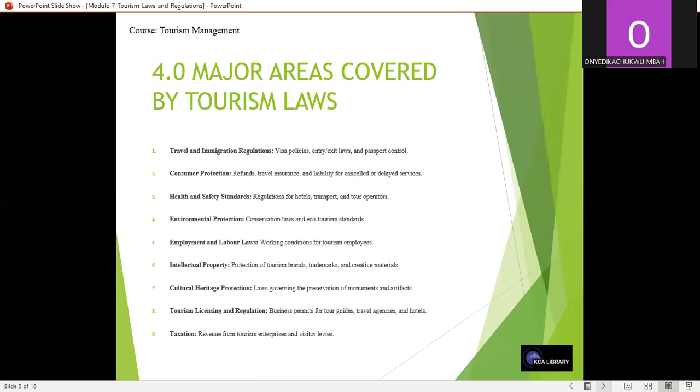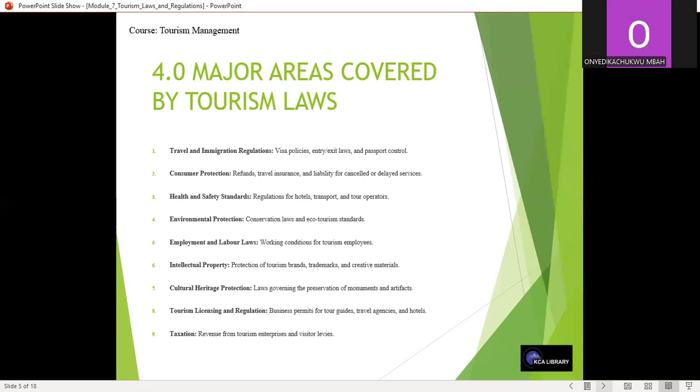Tourism licensing and regulation. These are the laws that cover business permits for tour guides, travel agencies, and hotels. Taxation. This is for revenue. These are the laws that guard revenue from tourism enterprise and visitor levies.